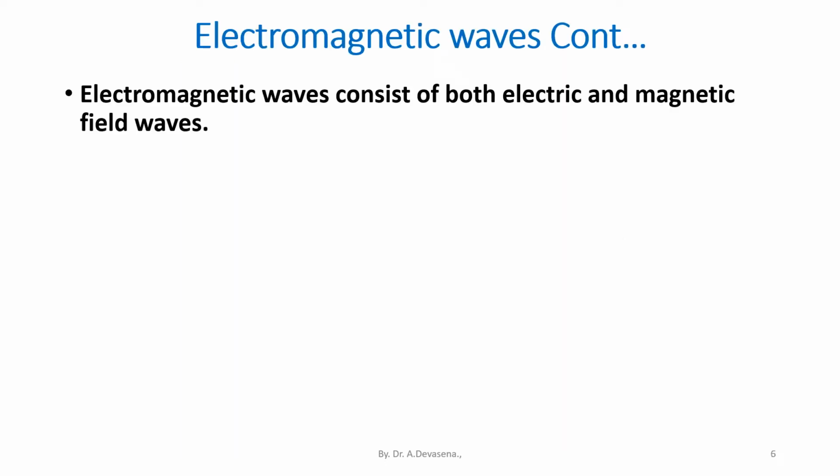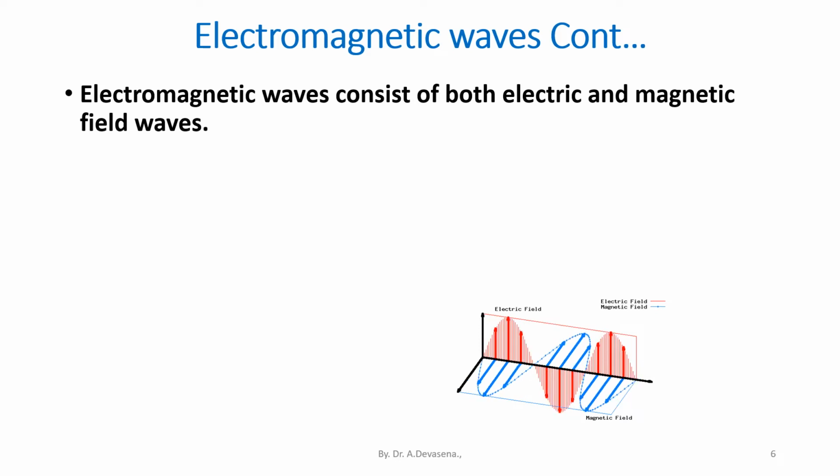Electromagnetic waves consist of both electric and magnetic field waves. This is the representation of the electric field wave and magnetic field wave. Here, the electric field wave is represented in red and the magnetic field wave is represented in blue.